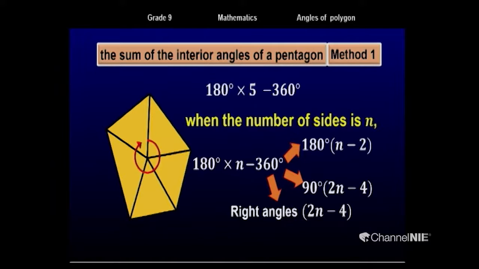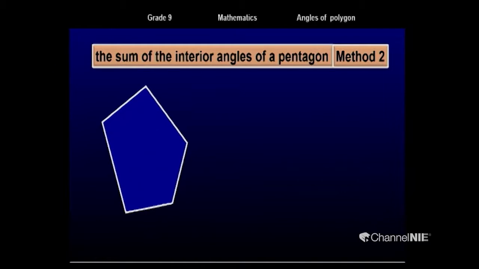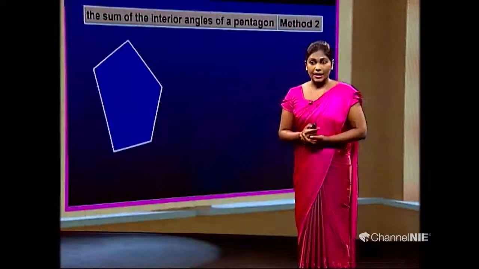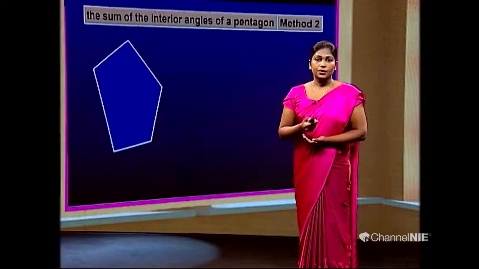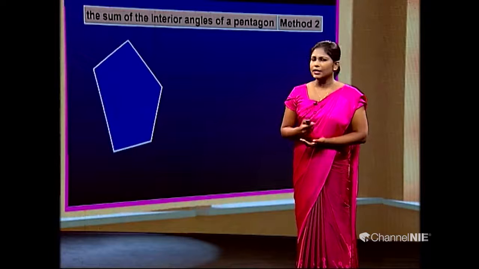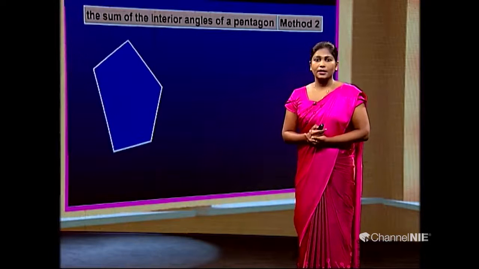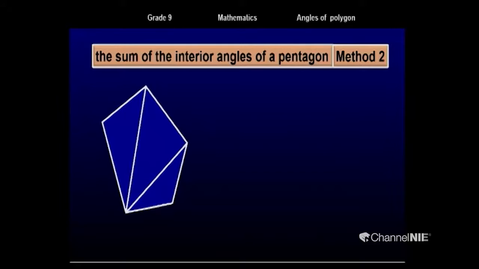Okay, children. We did that example in method 1. There is another method. What is this? Look at the slide. There is a pentagon. Now I separate the pentagon into triangles again. But here I use a vertex and join lines from this vertex.